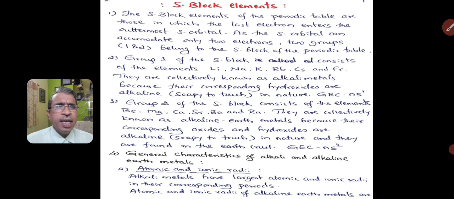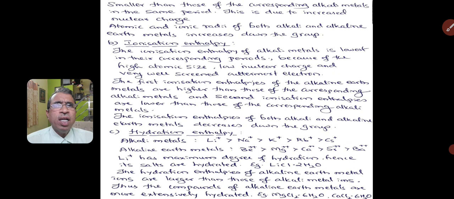Atomic and ionic radii of alkaline earth metals are smaller than those of the corresponding alkali metals in the same period. This is due to the increased nuclear charge as we move from left to right in a period of the periodic table. Atomic and ionic sizes decrease due to increase in nuclear charge.